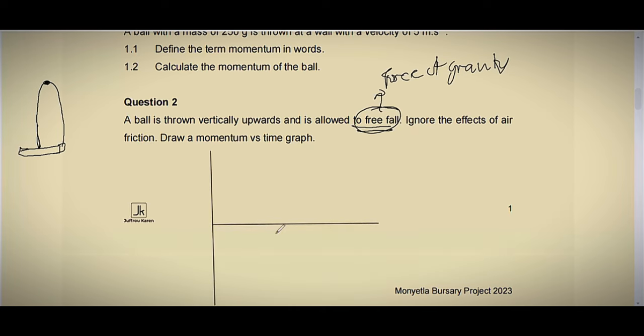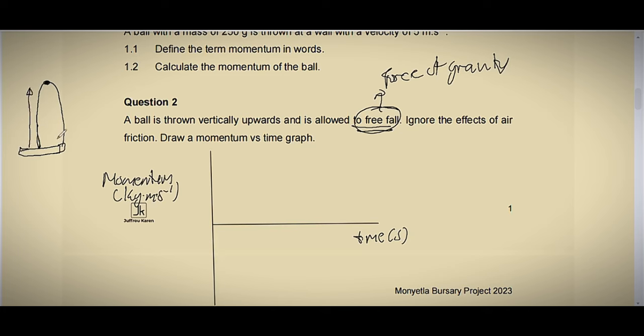Right. Now we understand that as the ball is thrown vertically upward, its kinetic energy decreases. Why? Because the velocity decreases as well.